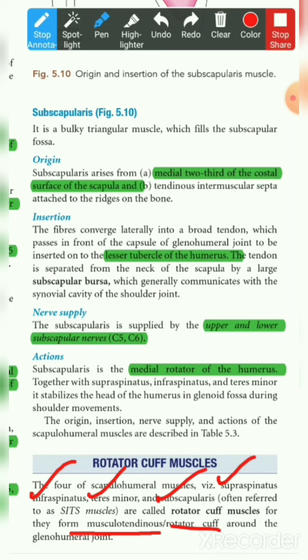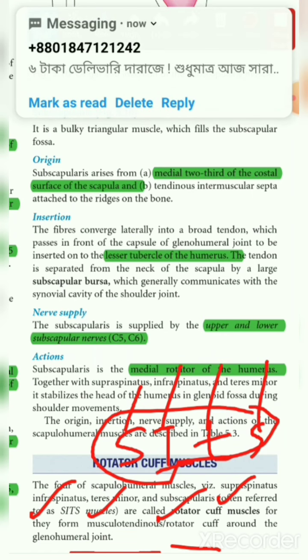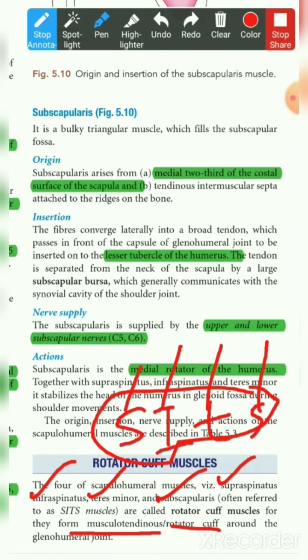We can remember this by the set: supraspinatus, infraspinatus, teres minor, and subscapularis. These four muscles together are called the rotator cuff muscle.